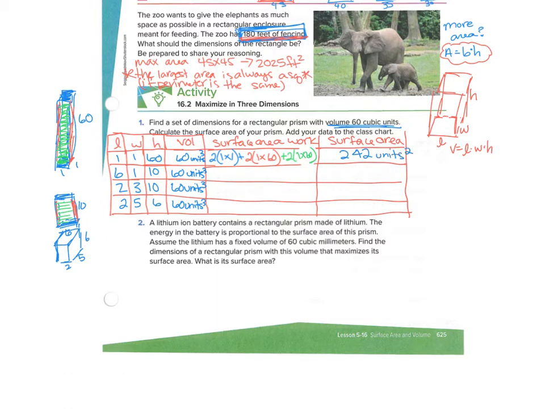So just as a reminder, if I filled this package with sand, I'd need 60 units cubed of sand. If I wrapped this up like a gift around the outside, I'd need 242 square units of wrapping paper, 2 entirely different dimensions.